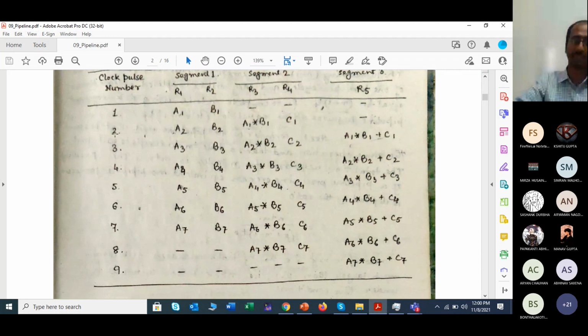The same clock pulse number has been given, the same segment number has been given, segment 1, segment 2, segment 3. Different units of task are being completed at different times. So what is the total clock pulse number? You can see it is 9. What was our segment number? It was 3. What was our task number? 7.